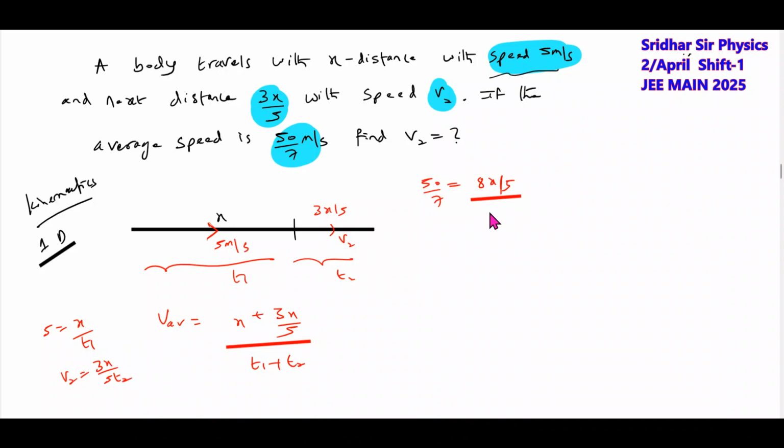So now t1 will be x by 5, t2 will be 3x by 5v2. x will get cancelled out. 50 by 7, 8 by 5 equal to here, 5 will be here, 5v2 will be here, v2 plus 1. So solving v2.